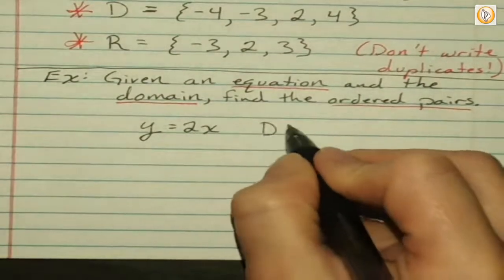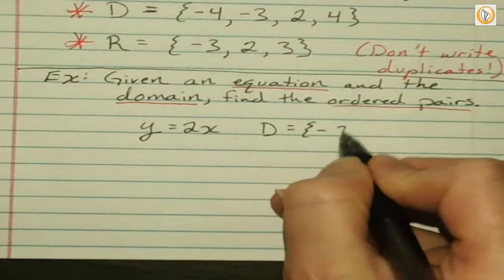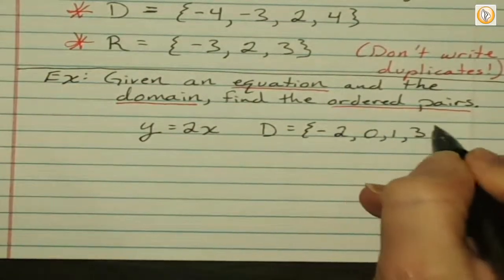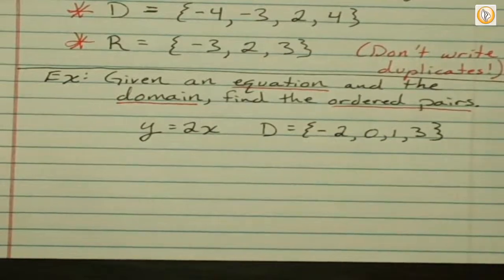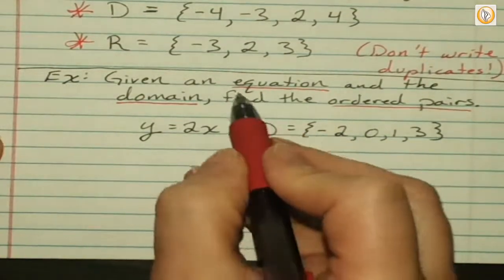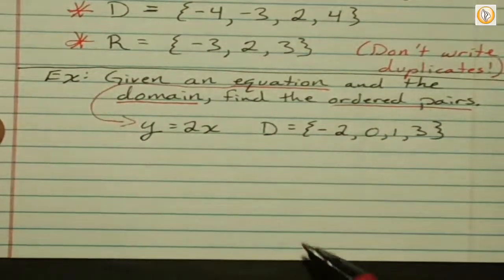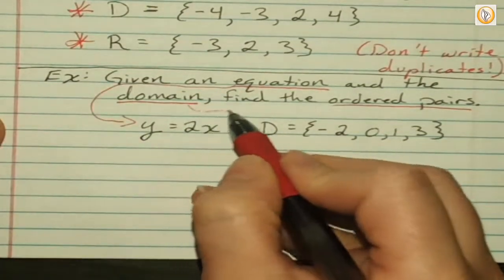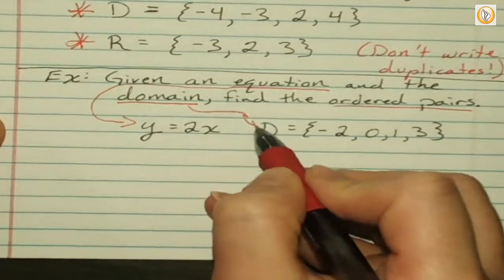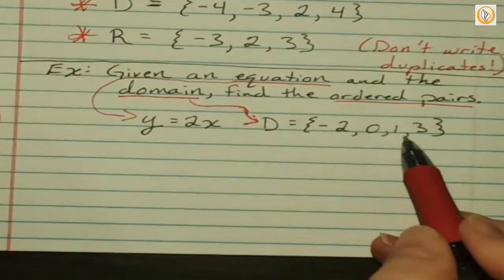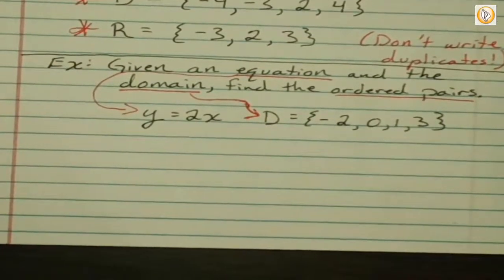And the domain that they gave you is -2, 0, 1, and 3. So your equation, I'm going to draw a little arrow, is right here. And then they gave you the domain, which is right there. So they gave you the X. You basically are looking for the Y.